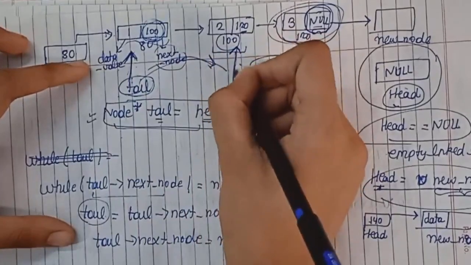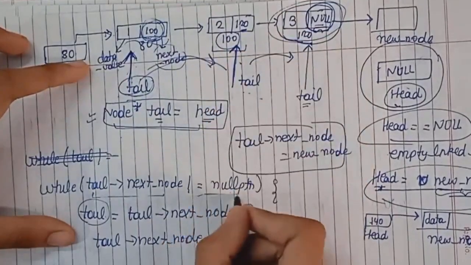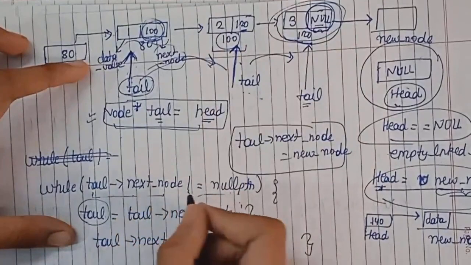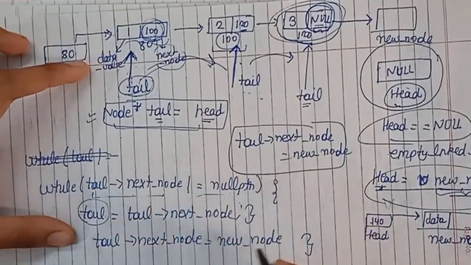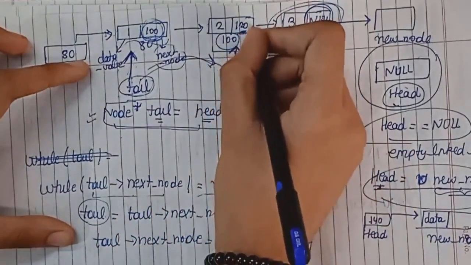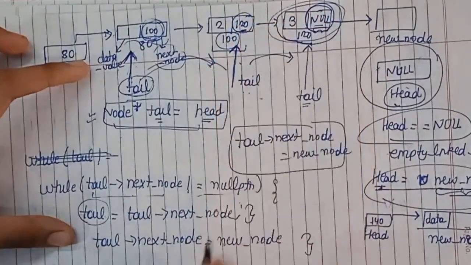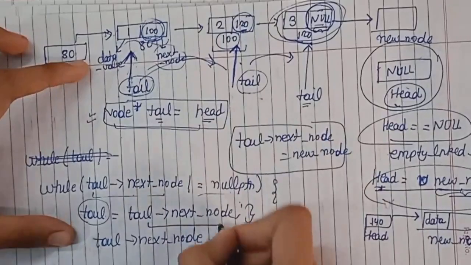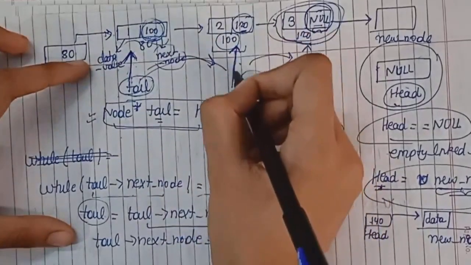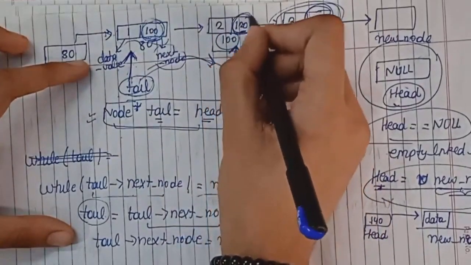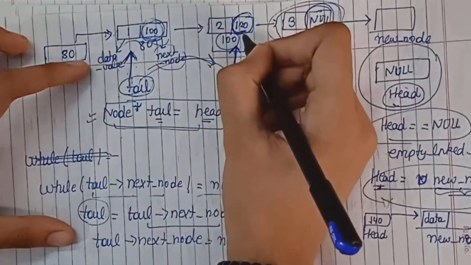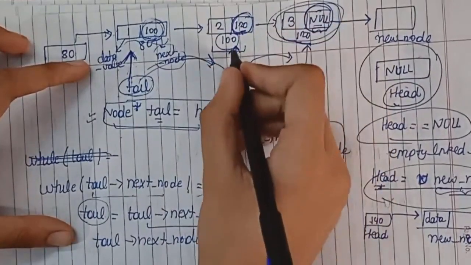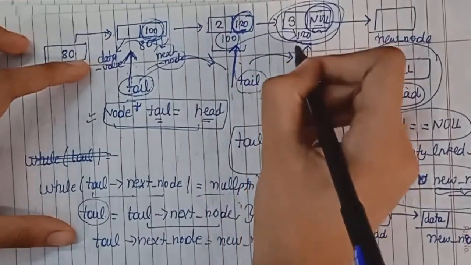So now here I will again check my while loop condition, that is whether tail's next node is becoming null pointer or not. Again this is not null pointer, so this tail will move on to the tail's next node. So now you can see that the tail's next node is storing the address 120. So it will reach the address 120.